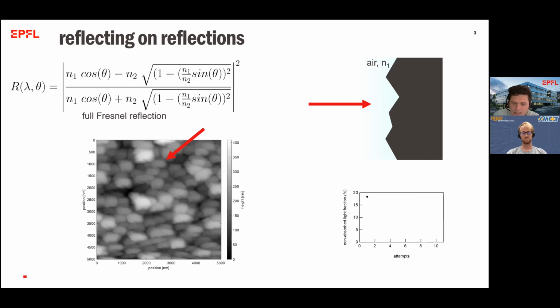I indicate roughly how the light could be deflected and then partially absorbed, and how much light is then lost at each step. After each iteration, you have less and less reflection. After, let's say, 10 attempts, the majority of the light is not reflected anymore, but only about 2 or 3% are still reflected. So it's quite useful to bring textures into the system.